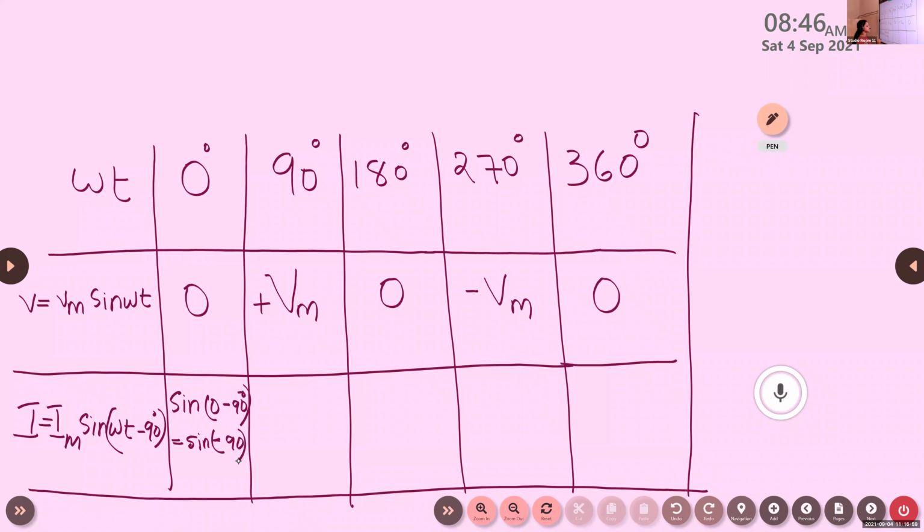What is sin minus 90? Sin 90 is equal to 1. But here it is minus 90, so we get minus 1, right? So the answer becomes I is equal to minus Im. So the starting value is negative Im.